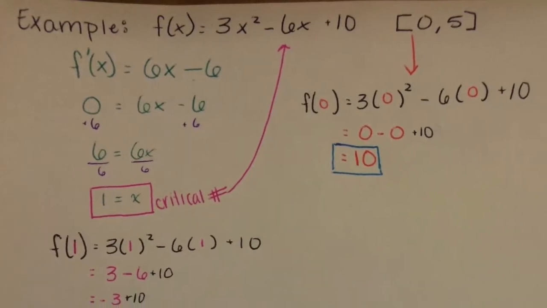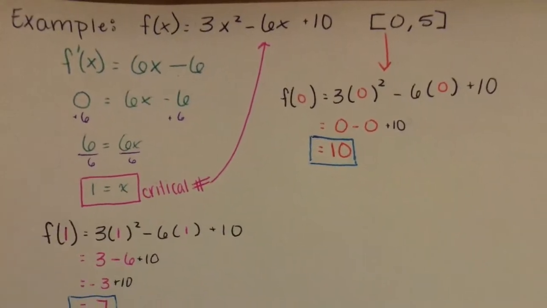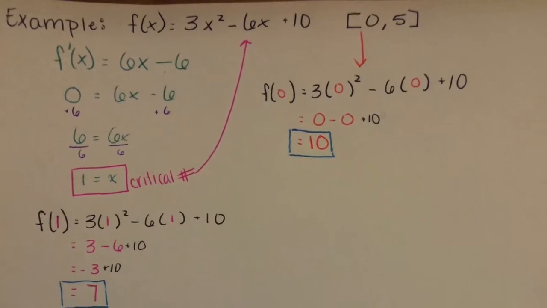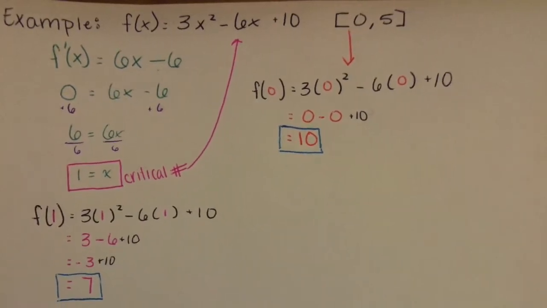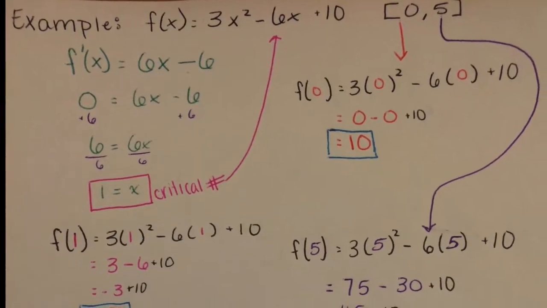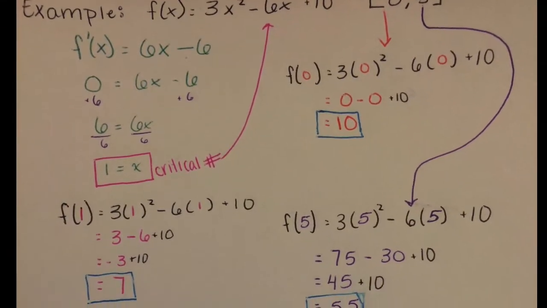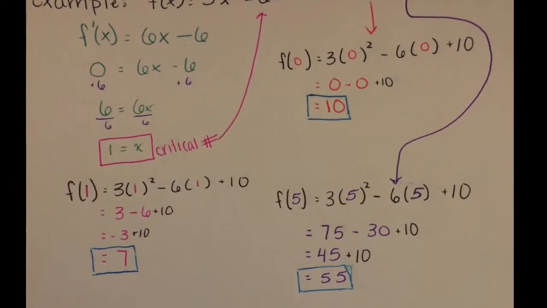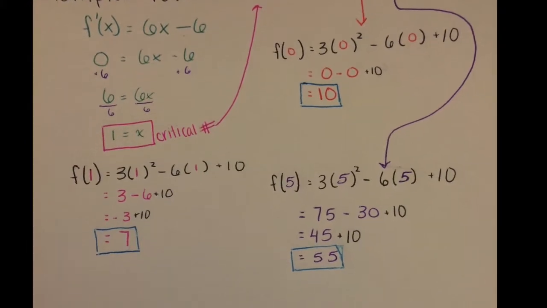Because this interval is closed, go ahead and plug in those two numbers, 0 and 5, into your original equation. Solve for y, and those will also be two y values for those 2 points of inflection.